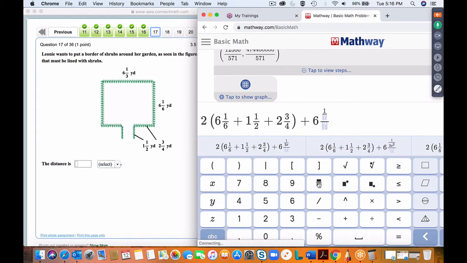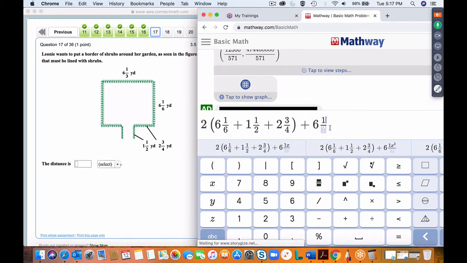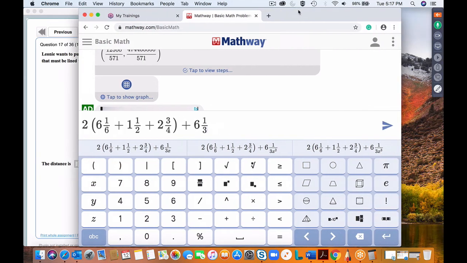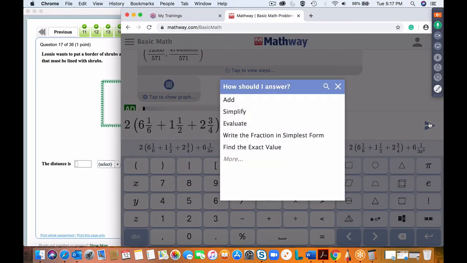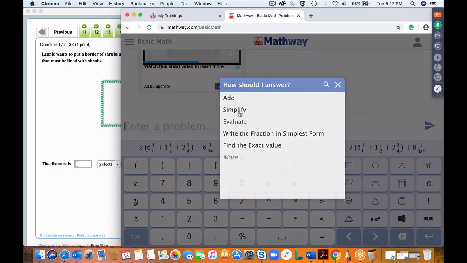I'm sorry, it's right here, 1 over 3. The rest, let the computer do the adding of those mixed numbers and fractions for us. That's a nice simplify.